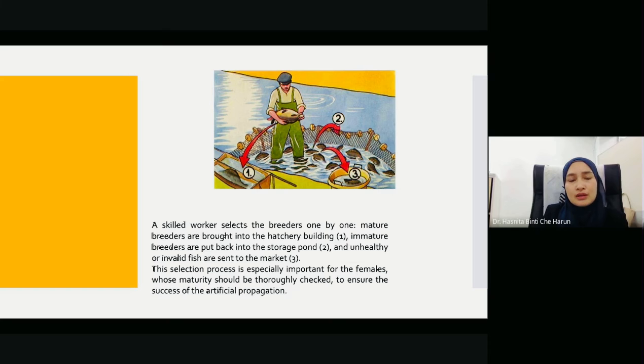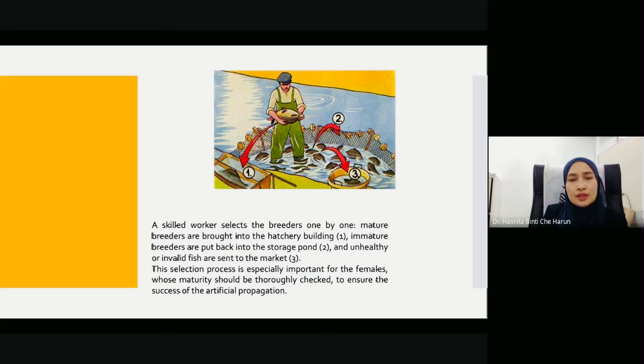Skilled workers have the skills to select breeders manually. During selection they can divide the fish according to their stage, whether immature, or by health state, whether unhealthy or invalid fish.